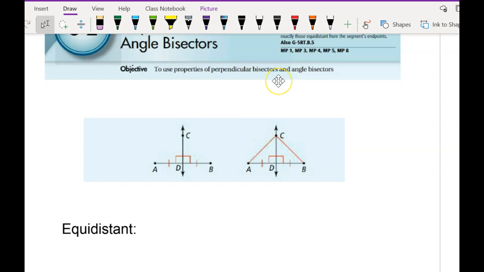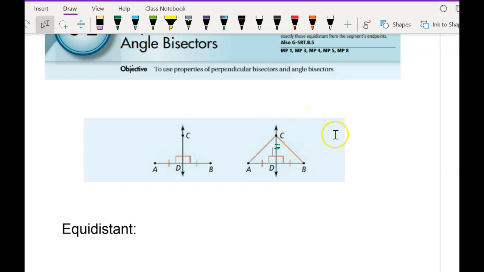Now, how do I know that? Well, I have side, angle, side of the two triangles. So I know that these two triangles are congruent.